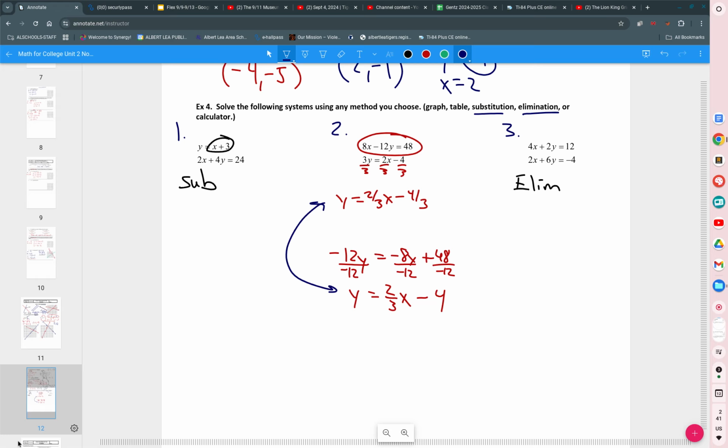So if they're parallel and they have different y-intercepts, what would the solution be? No solution. So sometimes you don't even need to solve by substitution or elimination. Sometimes you could just tell by looking at it when it's in slope-intercept form as well. Yeah, kind of interesting. All right, that's it.